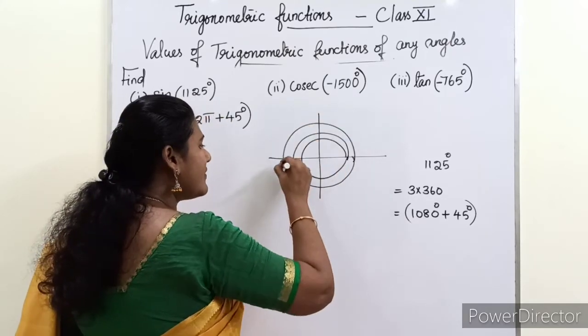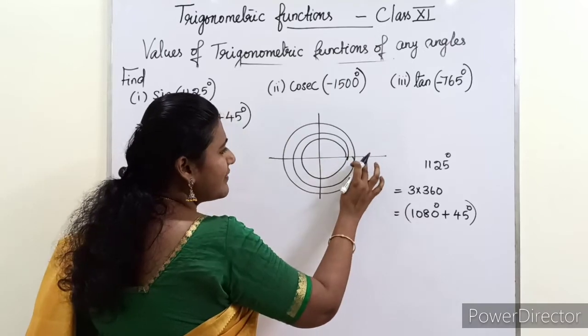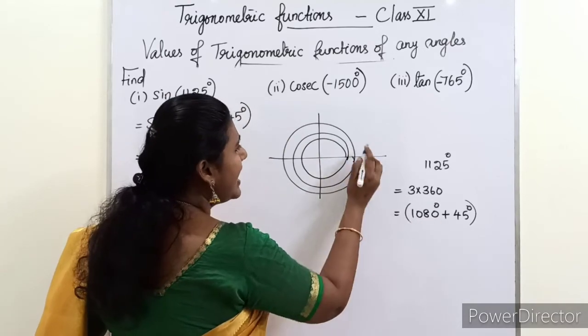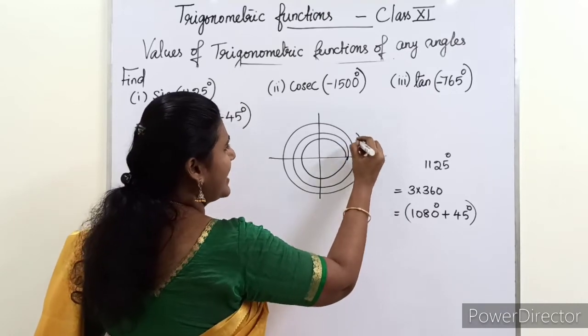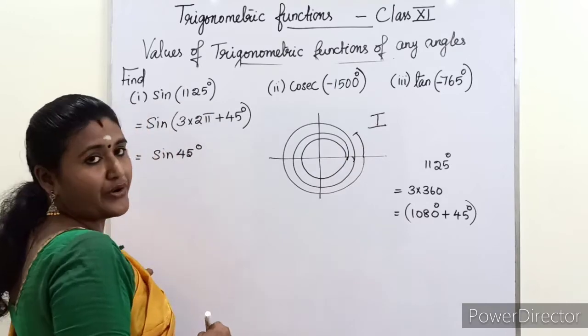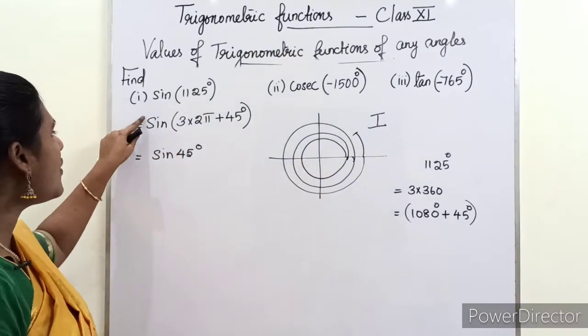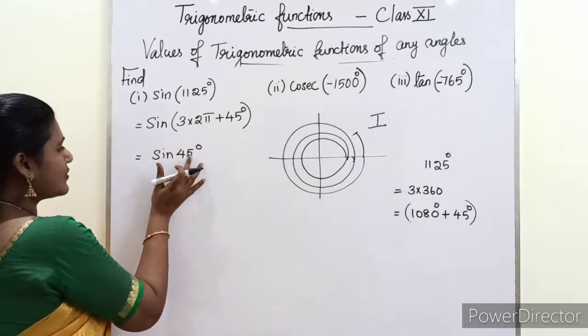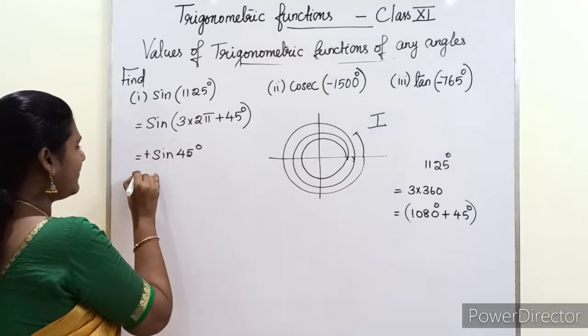Again one more revolution, if it completes 3 revolutions, you will get 1080 degrees, and again plus 45. So where will the angle be? The angle will be in the first quadrant, and in the first quadrant, you know all the trigonometric ratios are positive.